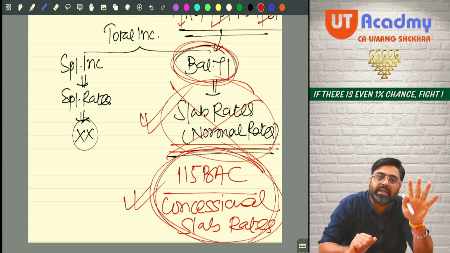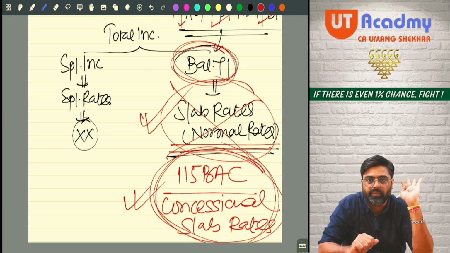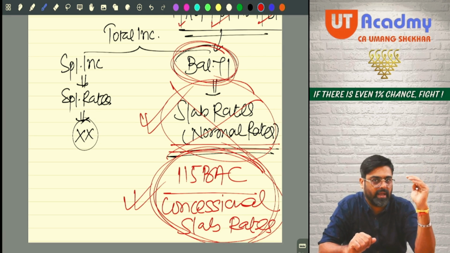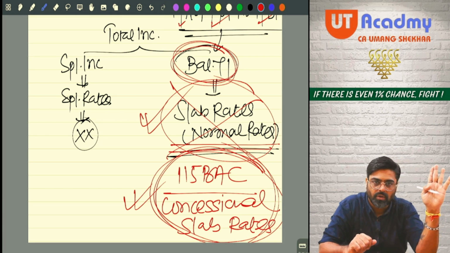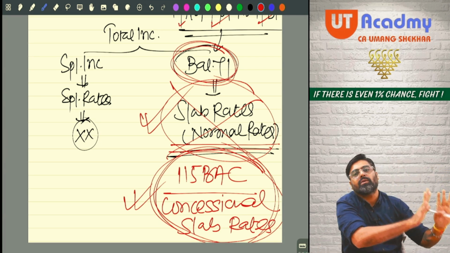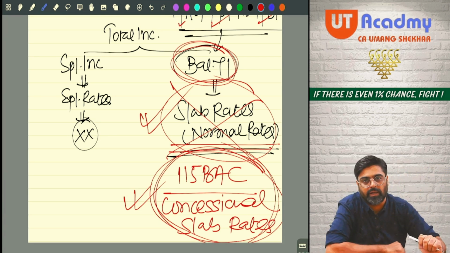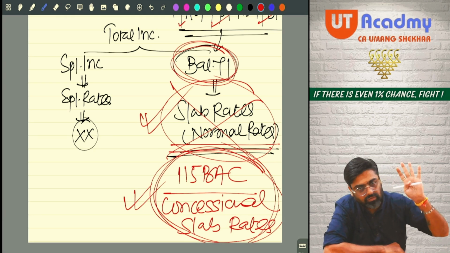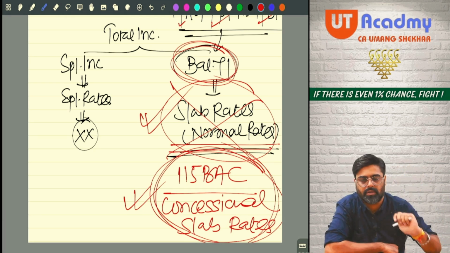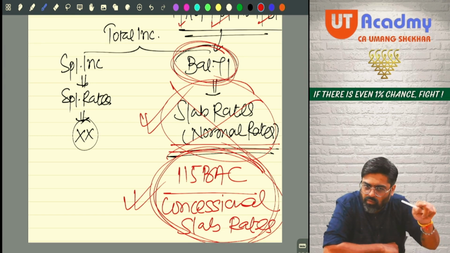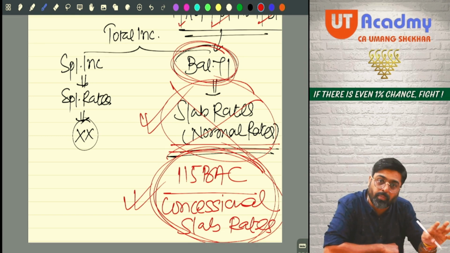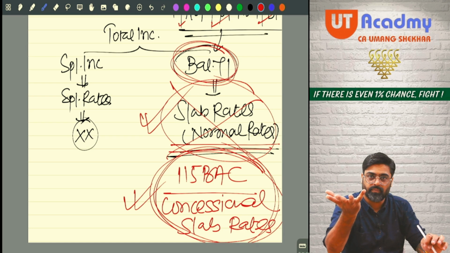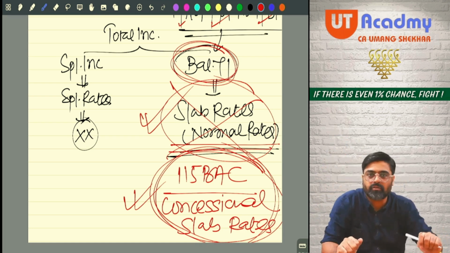So for everyone, this concessional slab rate will now be default. Individual, HUF, AOP, BOI, AJP, all of you are supposed to pay tax at concessional rates only, because this is the default. You don't want to pay tax as per concessional rates? No problem, shift out and pay tax as per normal slab rates.